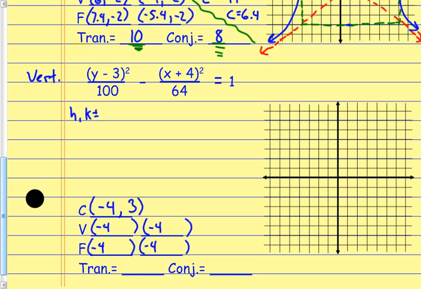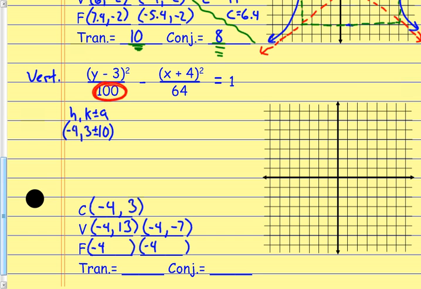And I know the h value is negative 4. K is the 3. And then my a value, well, right here, this is a squared, which means my a value is 10. So I'm going to do 3 plus 10, which gives me a 13. I'll put it right down here on the line. I do 3 minus 10, which is going to give me a negative 7, which I put right down here. So now I have my vertices.